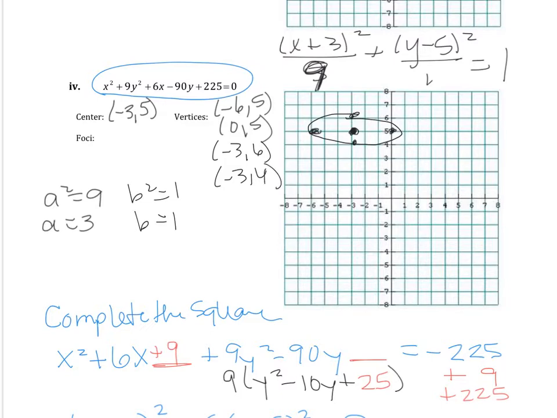And again, this should make sense if we look at our center and we understand what these a and b values mean. This a value tells us how far from the center is our vertex, in either direction, and the b value tells us how far from the center is our other vertices from the center, in either direction. So if we take a look here, see this -3, 5, and these 2 points here, -3, 6 and 4 are both 1 unit from 5.